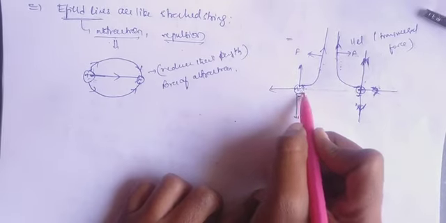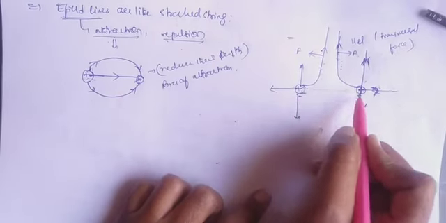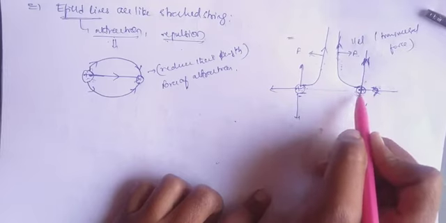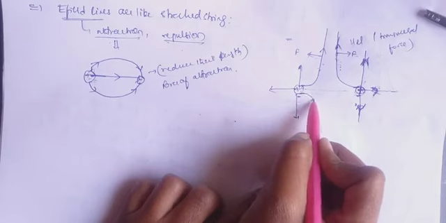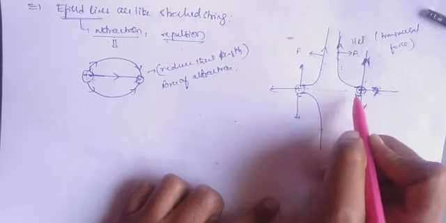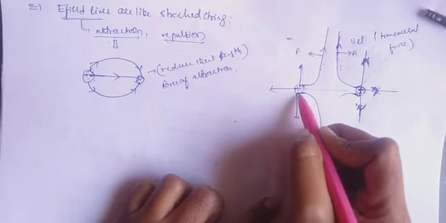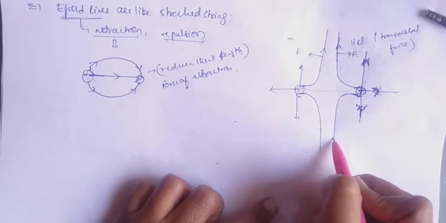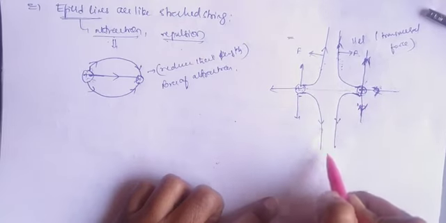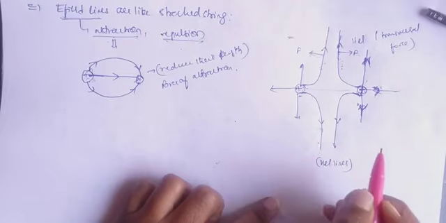Here also another line wants to go nearer to this positive charge, but as it is a positive charge it will repel that line, and it will move like this. Here also we get another line, but it wants to go nearer to this charge, and due to the repulsive force it will move like this. These two are also parallel lines, and they never intersect each other.